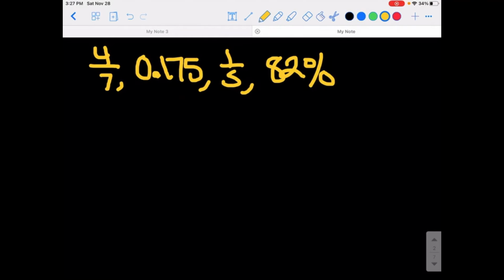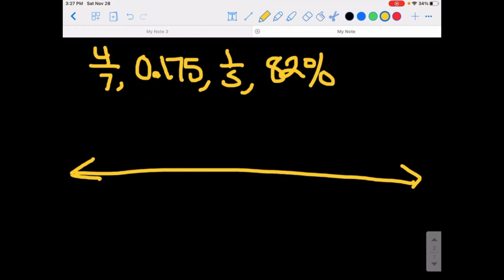Notice that we're not getting complicated with negatives or anything. Now again we have to change these. Some of them are percents, some are decimals, and a couple are fractions.